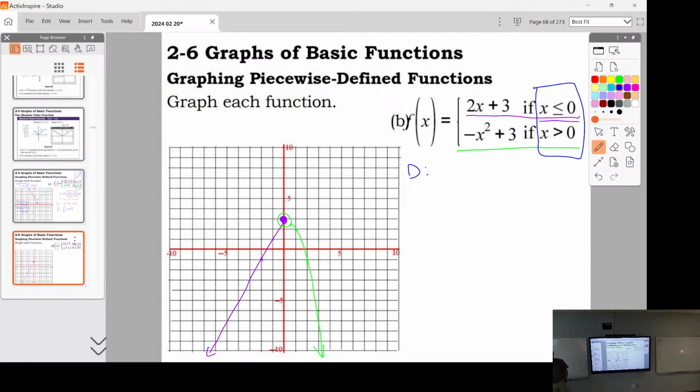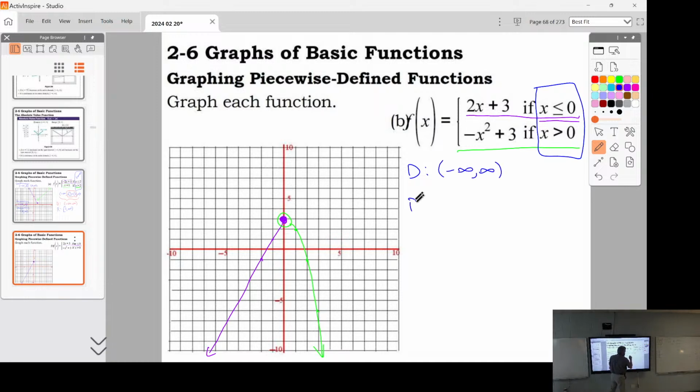Negative infinity. Just to 0? Okay, so what's the domain? All real numbers. Because even that point at the very center is covered, right? I've got a closed circle, I've got an open circle, but they're both there. So the domain goes from negative infinity to infinity.